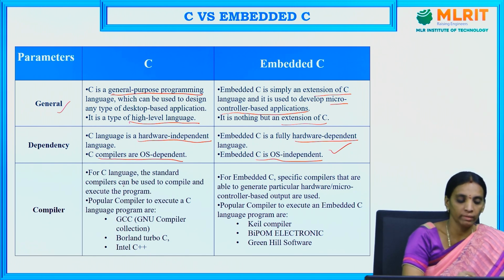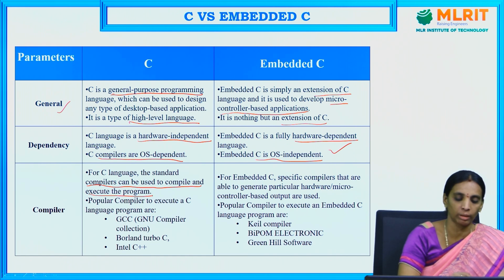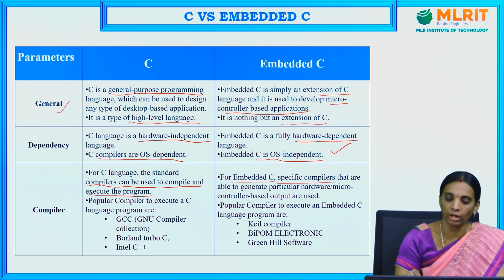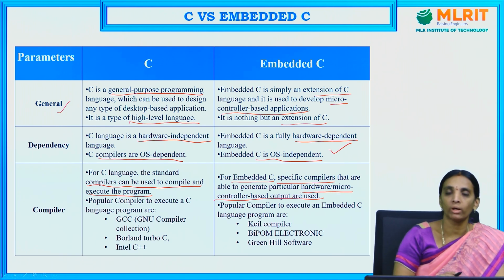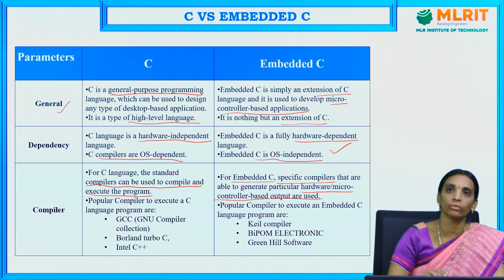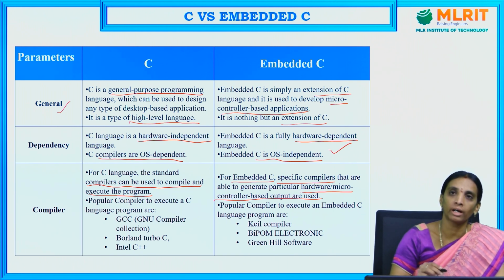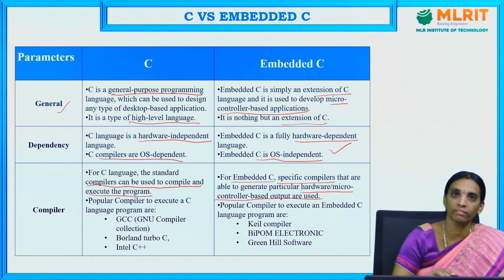For C language, the standard compilers can be used to compile and execute the program. Here, embedded C specific compilers are to be used based on the hardware or microcontroller based output. So whatever processor we have used in our embedded system, depending on the hardware components used in that processor or my embedded system, the compiler will be specific to that processor.